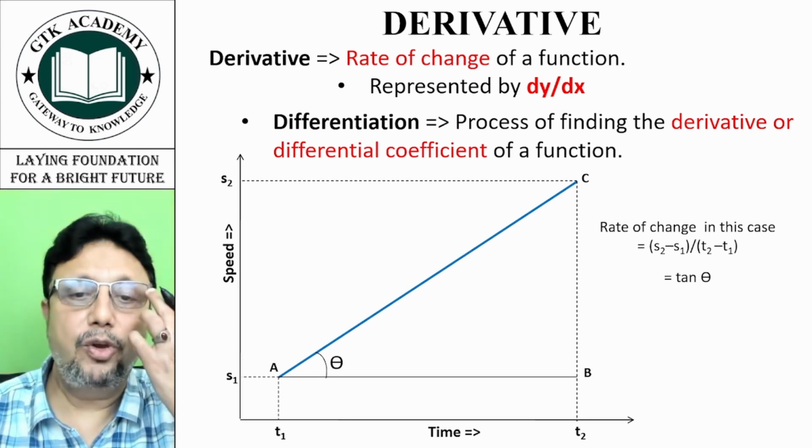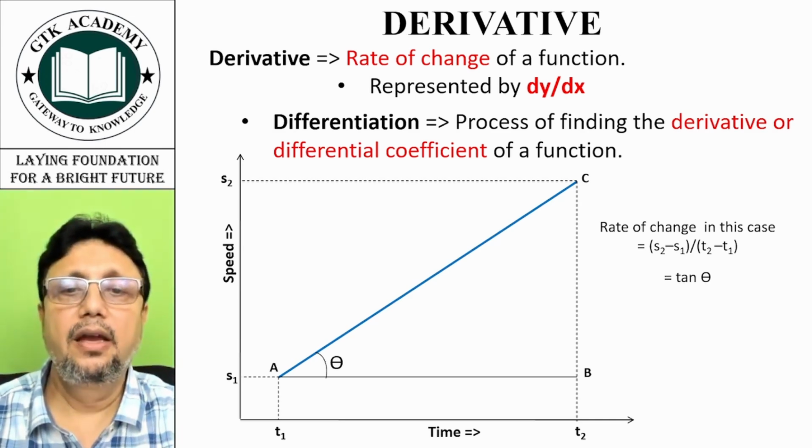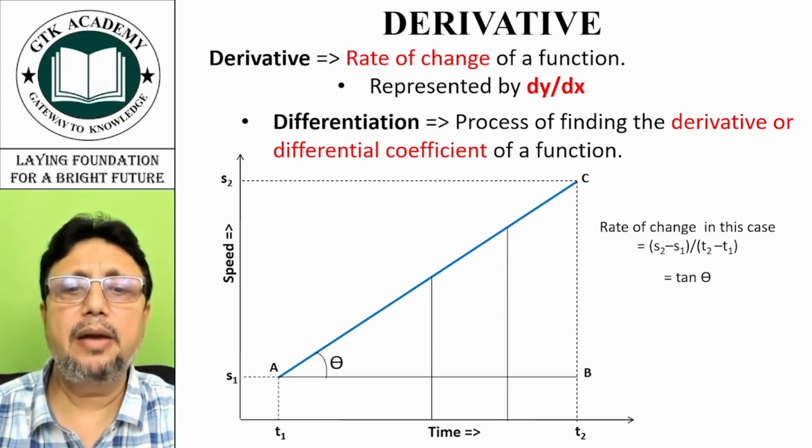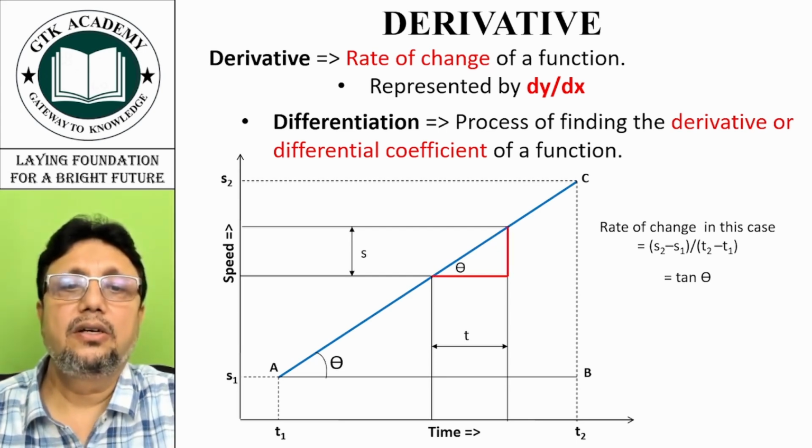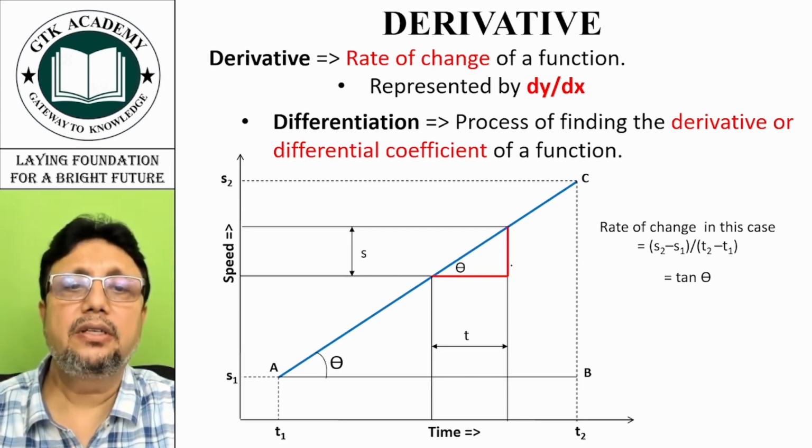Now just see one more peculiarity of this function. You take any time interval, say this is a time interval t, and in this time interval the change in speed is say s. So if you complete this triangle, if this angle is theta, this will also be theta.